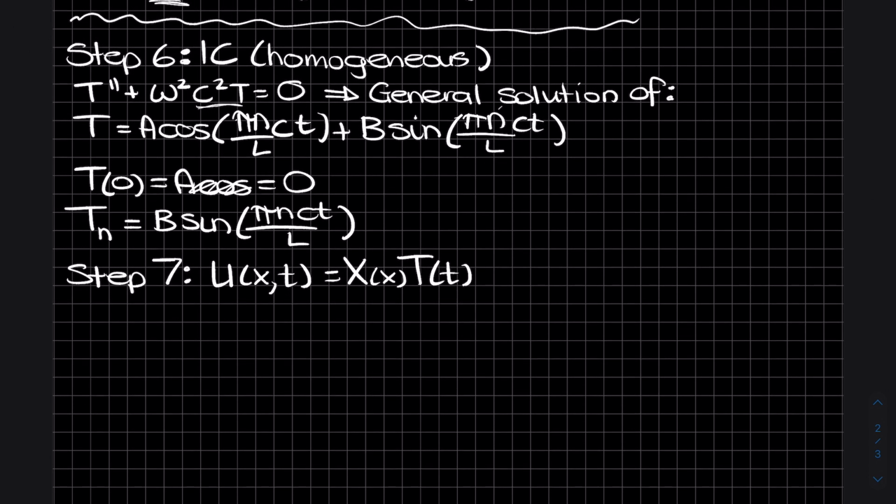So now we know, and we'll do u of n because n can be the different integers, and we don't know what n is yet.